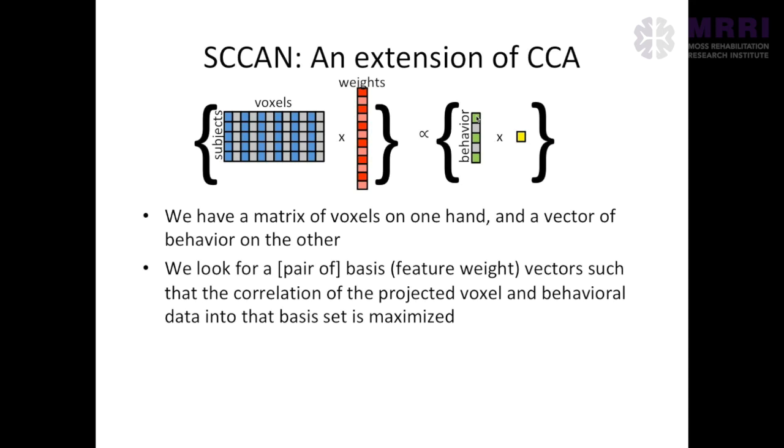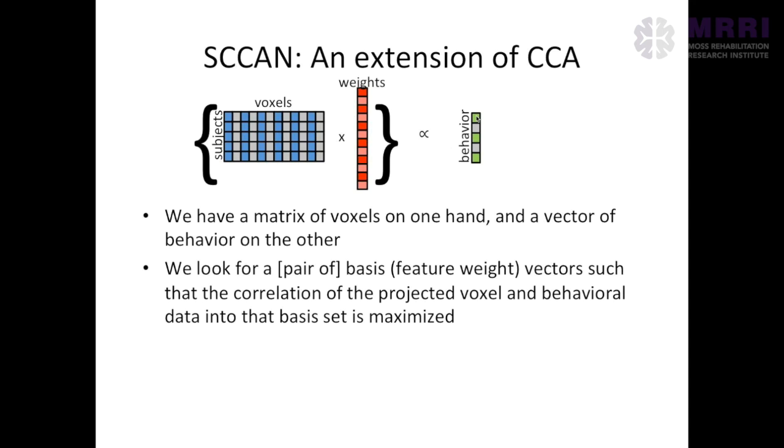And I want to construct these weighting vectors such that when I project my data into the space defined by these weights, I have a maximal correlation between my two spaces, right? Another way to think about this is that you're constructing a basis set for each of these spaces separately, in a way that when you project your data into that basis, the projections in each space are maximally correlated with each other.